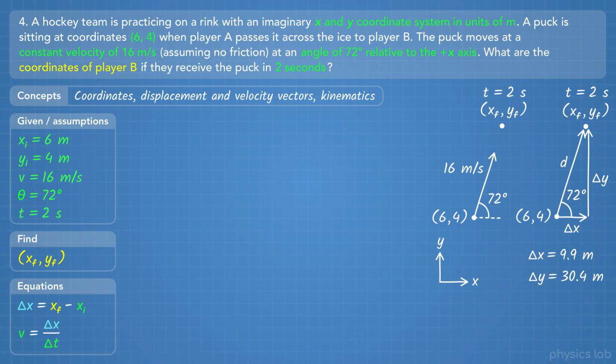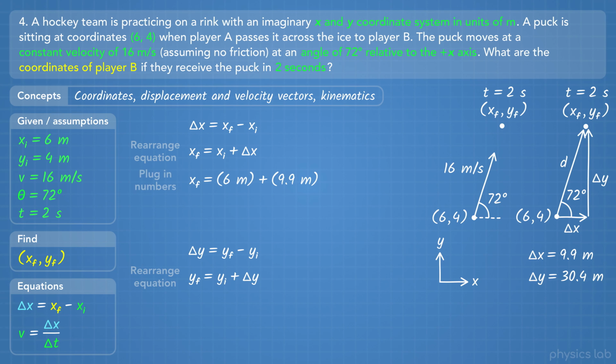Now we can find the final positions of the puck. Delta x and delta y equal the final positions minus the initial positions. We can rearrange those to isolate the final positions, which means we're just adding the initial position plus the displacement.